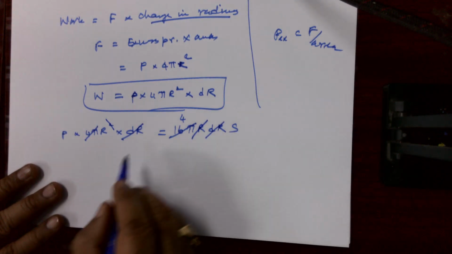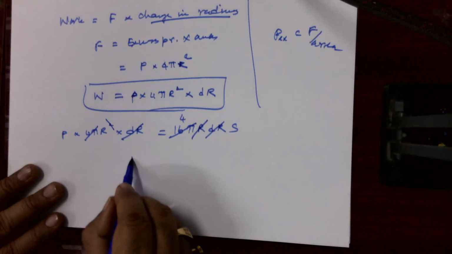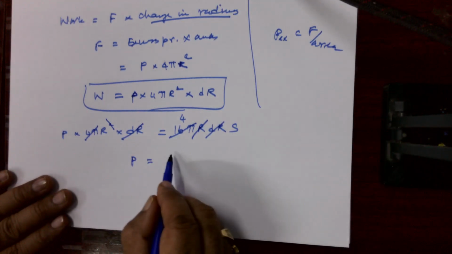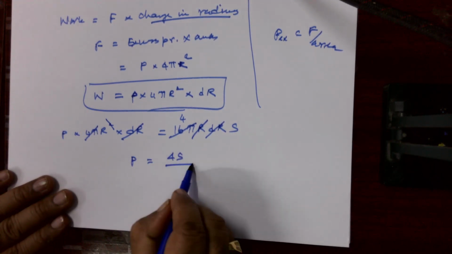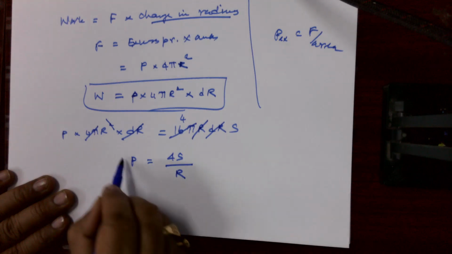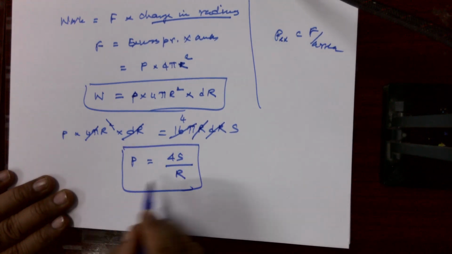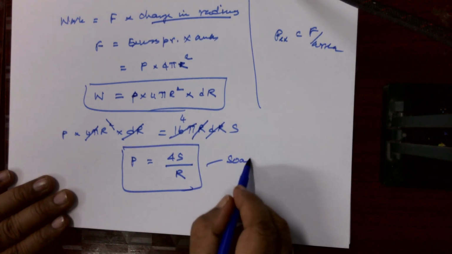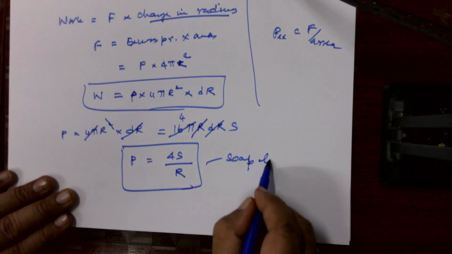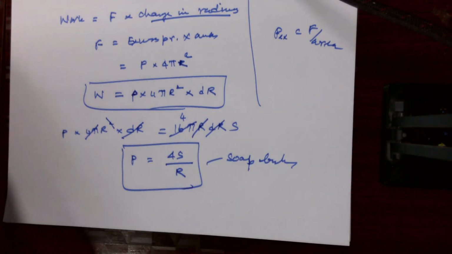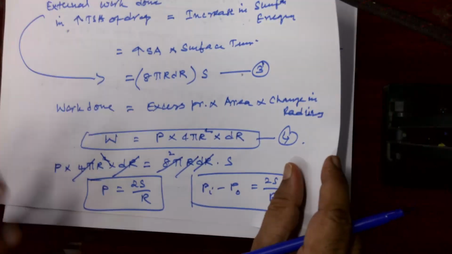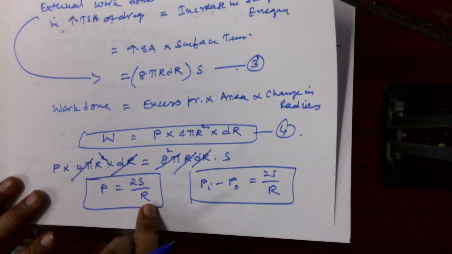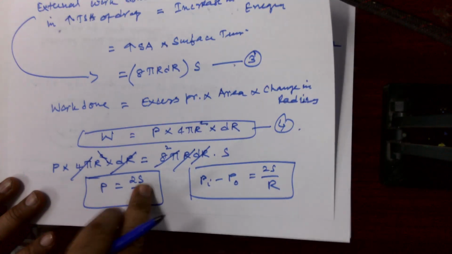Now in that case, what is our pressure inside the bubble? 4S divided by R. Are you able to follow? So this is the case with the soap bubble. Now let us compare with the original one. What was the original? 2S by R, for the normal liquid drop.